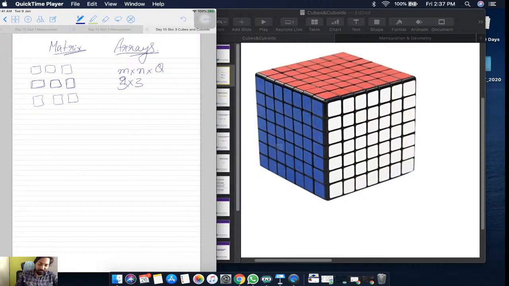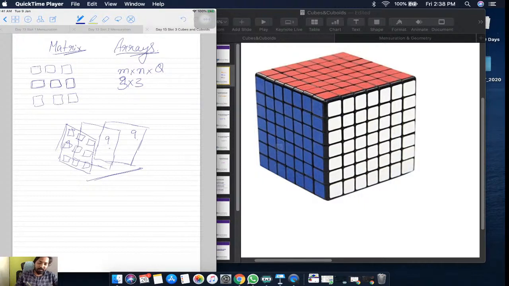Let's say, let me try to stack it like this. The first stacking, the second stacking, the third stacking. Totally, here there are 9, here there are 9, here there are 9.